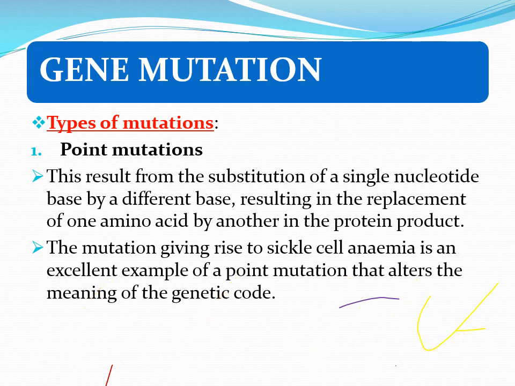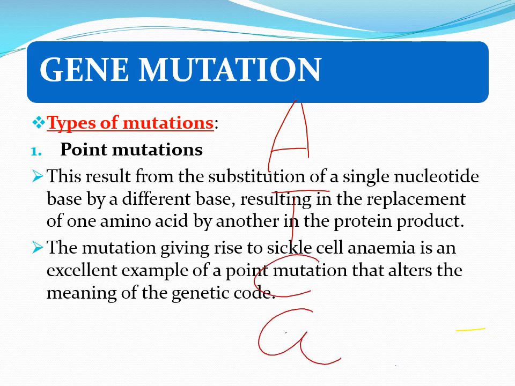So when you are talking of point mutation, assume we have this sequence in our particular segment, our particular gene: adenine, after adenine we have thymine, after thymine we have cytosine, after cytosine we have guanine. I'm not talking of uracil. Remember the difference between RNA and DNA.